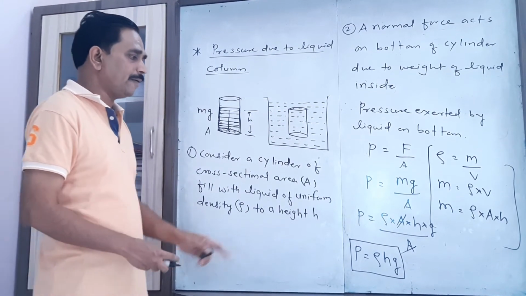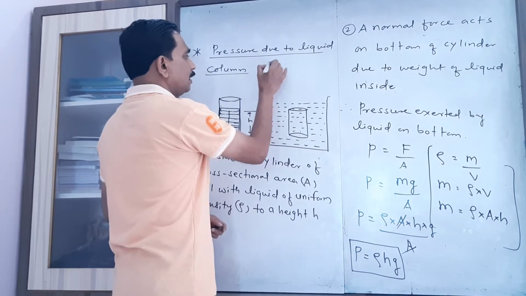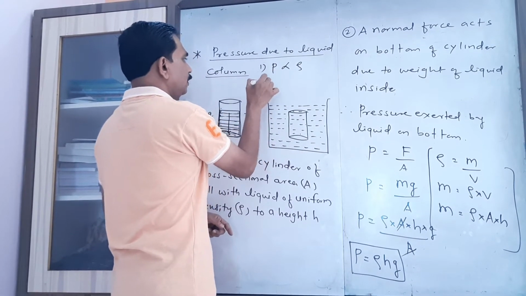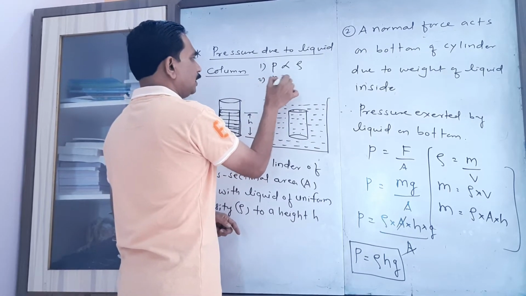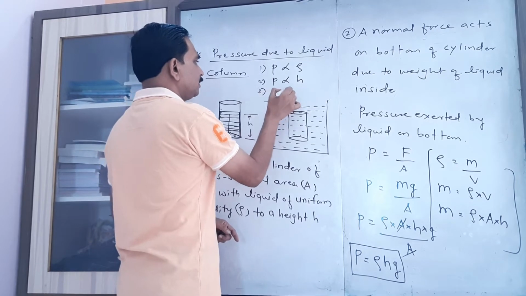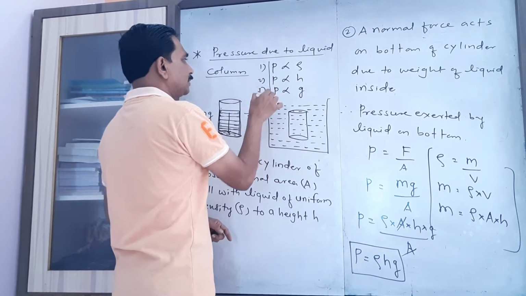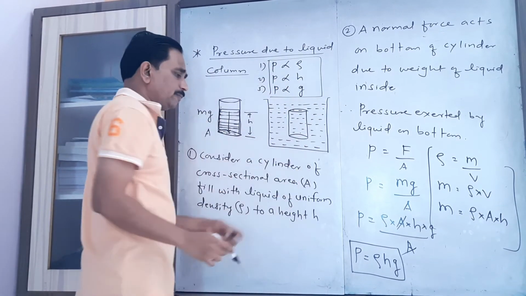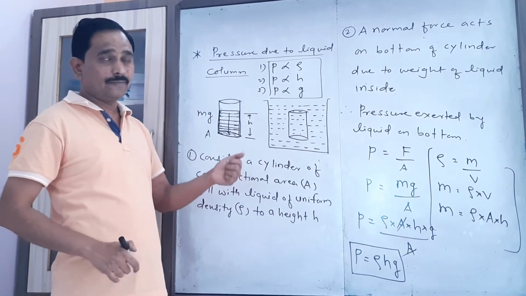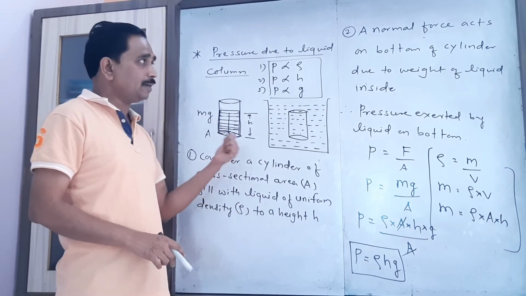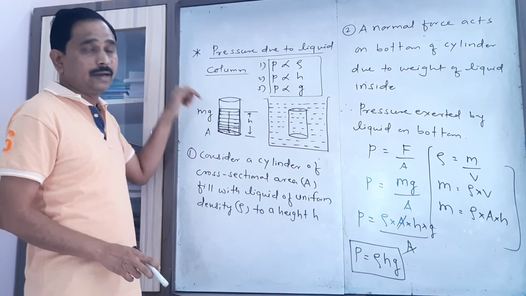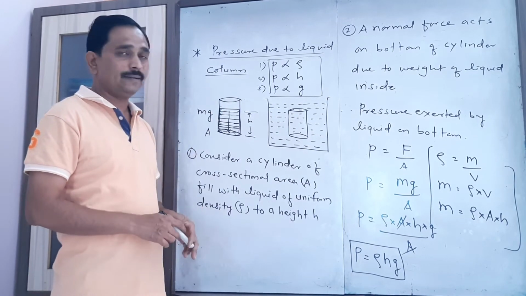So from that we can easily see this pressure is directly proportional to the density of the liquid, directly proportional to the height, and directly proportional to the acceleration due to gravity. From this expression we can say that the greater the density of the liquid, the greater the pressure exerted by that liquid. The greater the height of the liquid column, the greater the pressure exerted.